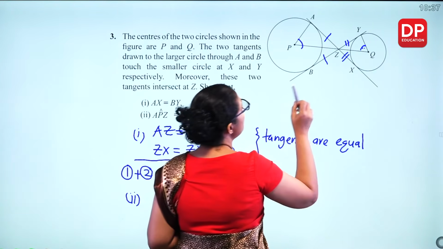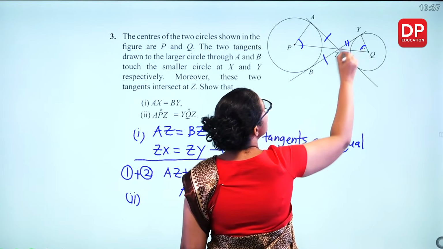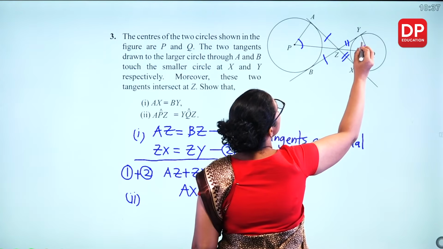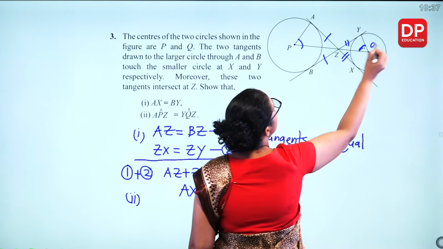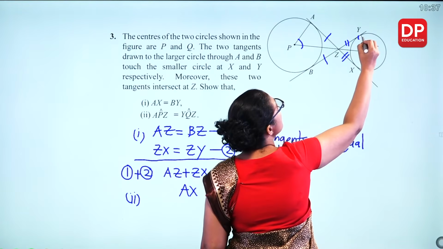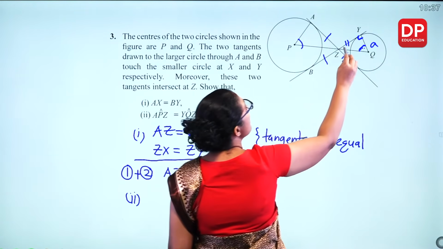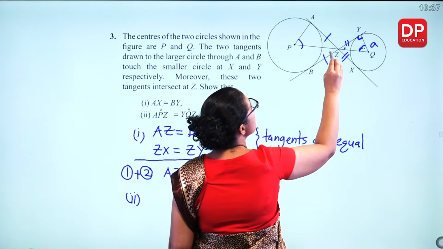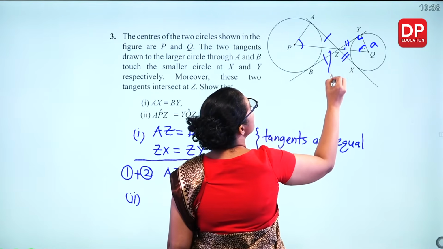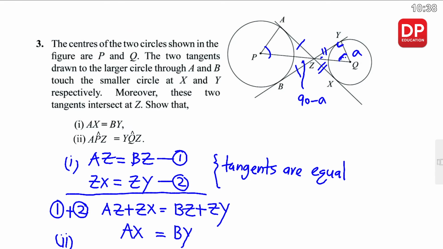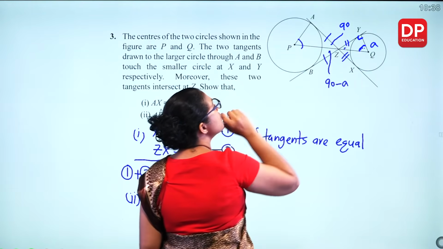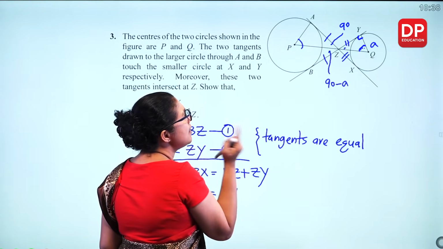Here, look at this diagram. So these are two lines. So here, this angle we'll take as A. This is perpendicular. So this becomes 90 minus A. This 90 minus A, this is also 90 minus A. This is also 90 minus A. A line drawn from the center to the outside point bisects the outside angle.